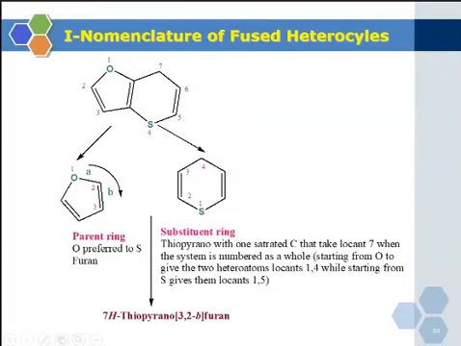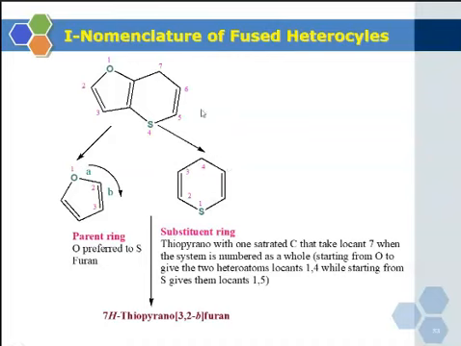Okay, the O ring is the furan ring, whereas this ring is called the thiopyrano ring. This thiopyrano ring is associated with one site of saturation. Here we can see it is saturated.